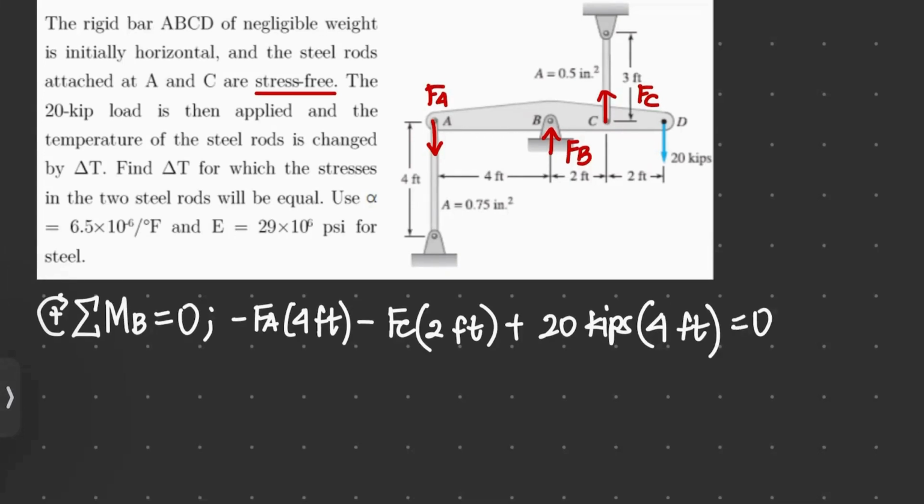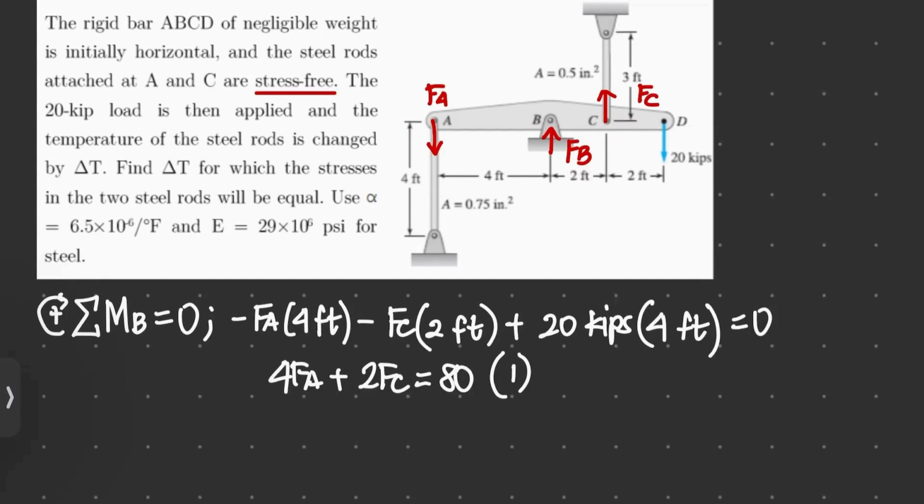Simplifying everything, we have 4FA plus 2FC is equal to 80. This is our equation 1.